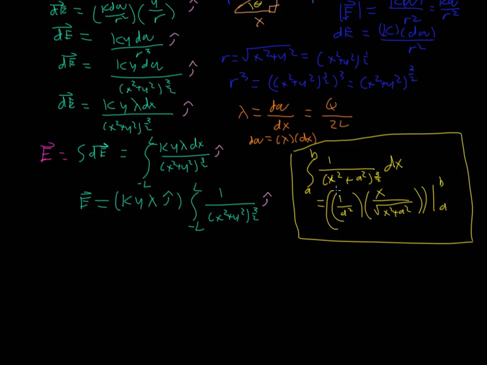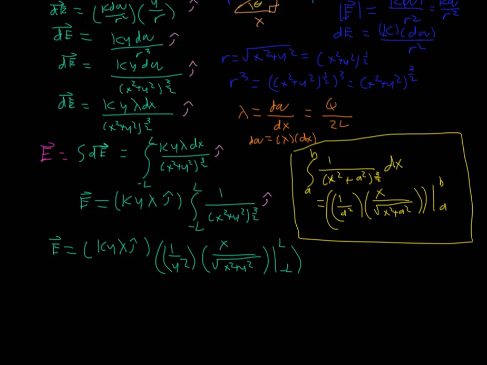So if we look at this formula, we end up getting E equals, with our constant stuff out front not changing. Since y is a, we have 1 over y squared, and then we have x over the square root of x squared plus y squared, evaluated from L to negative L. Wow, that seems kind of nasty at first.